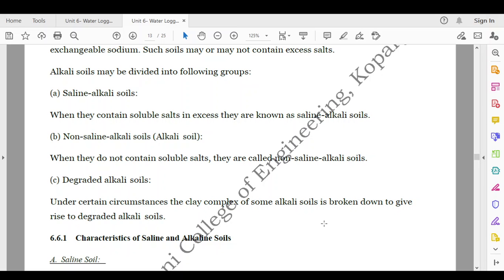Second is non-saline alkali soils, which are basically called alkali soils. When they do not contain any soluble salts, they are called non-saline alkali soils. Then degraded alkali soils. Under certain circumstances, the clay complex of some alkali soils is broken down to give rise to the degraded alkali soils.